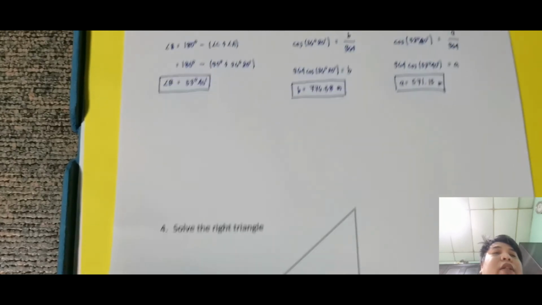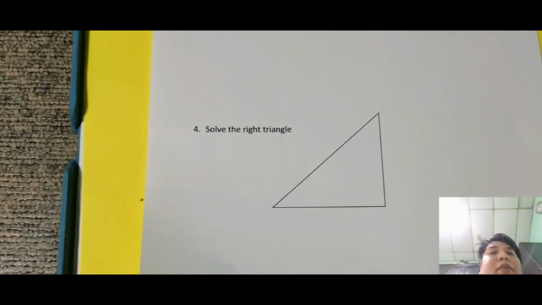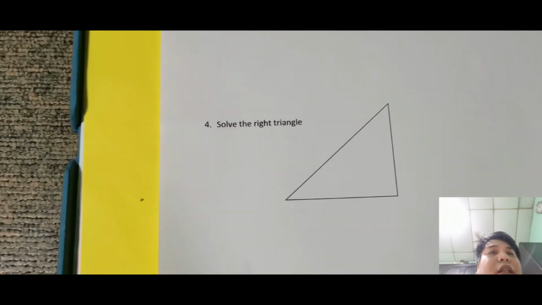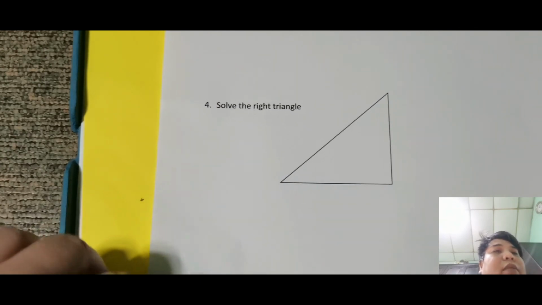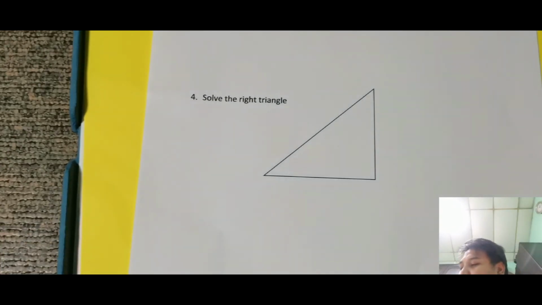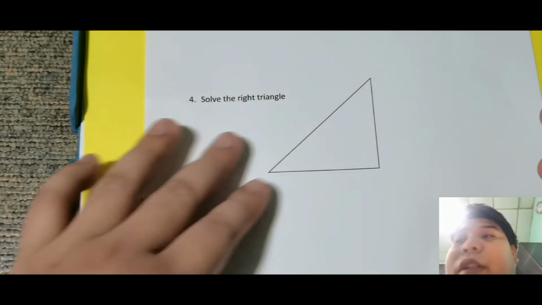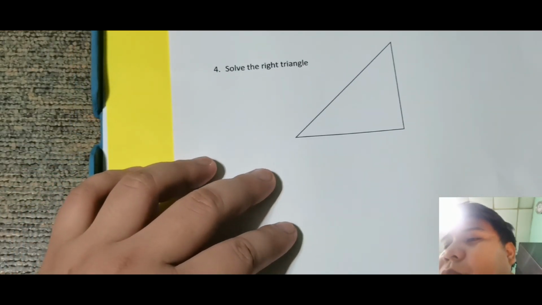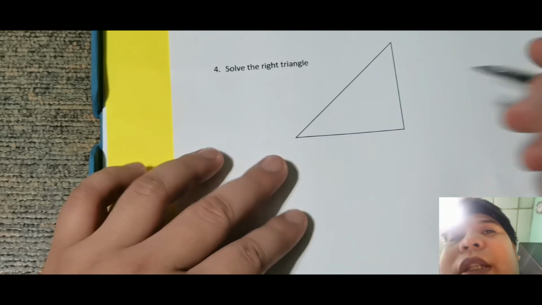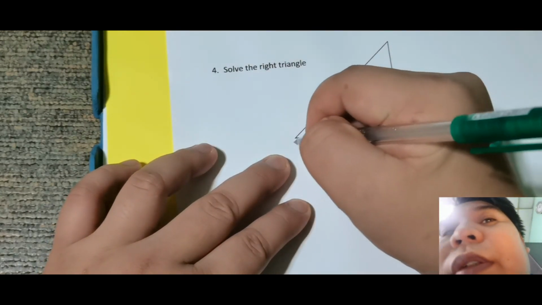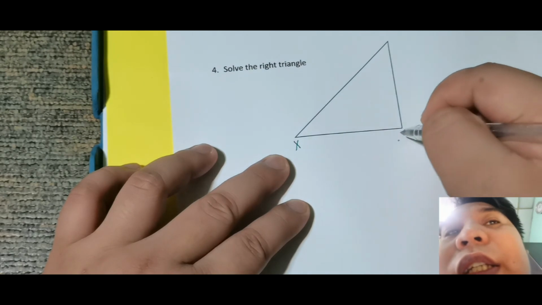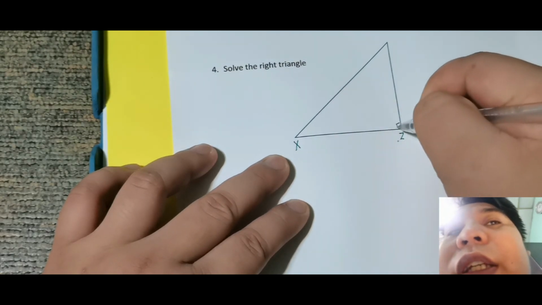Okay, so next is we have a blank triangle. Maghahanap pa ako ng given kung ano yung lalagay natin dyan para masolve natin siya. Okay, check lang. Hanap lang akong given na maayos. Ayun, may nakita akong iba. So, let us write this as, ito ay angle X. I think mas madali ito. So, this is angle X. Okay, this is angle Z, which is the 90 degrees.